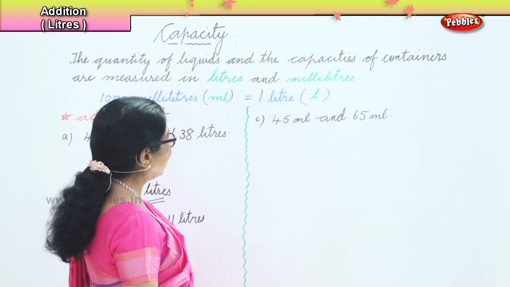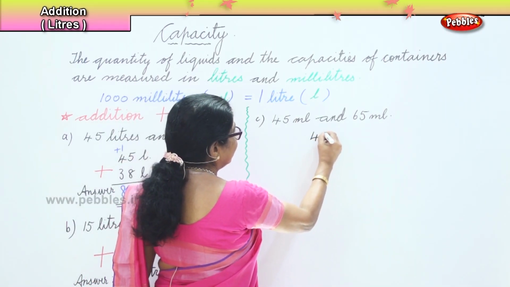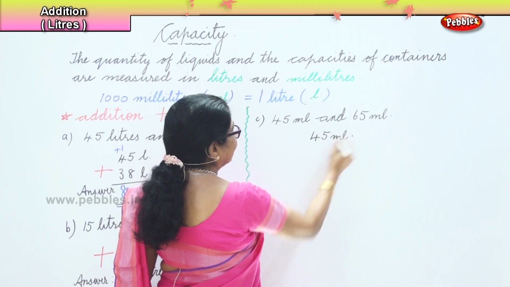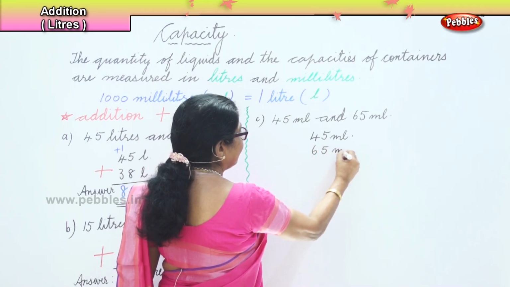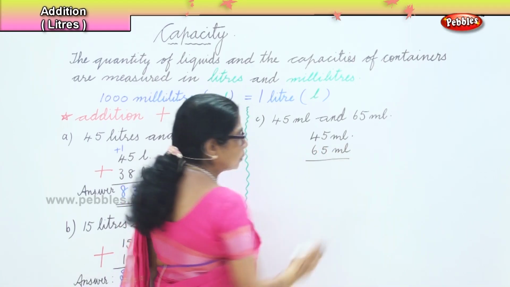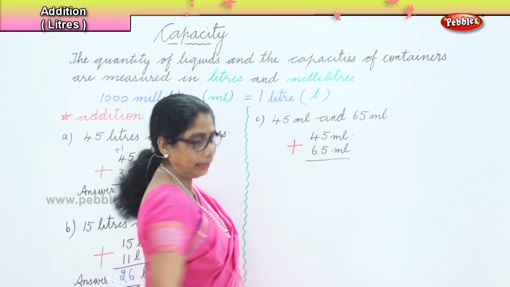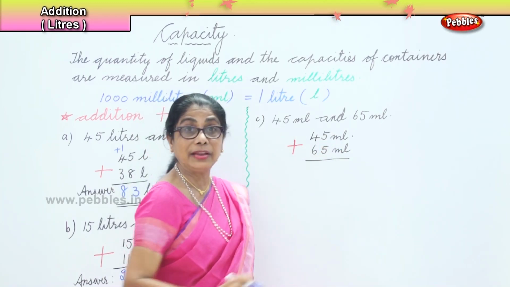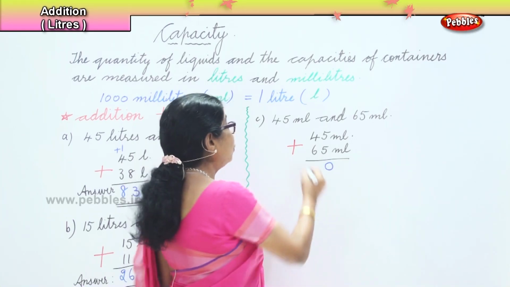So you put 45 ml, 65 ml. Put the addition sign before we add. Now we add 5 plus 5 is 10. Put down the 0.